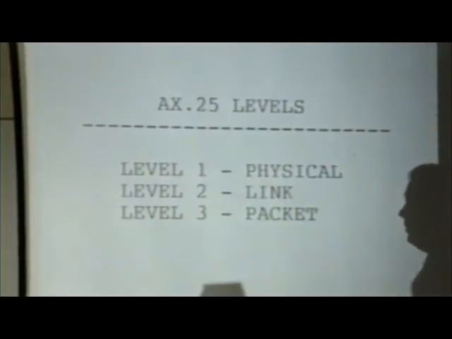The nodes communicate on a very high level called Level 3. They send what is really packet. It's a packet of information that contains many users' data, whoever happens to be coming through the node, going somewhere, plus housekeeping stuff, plus these routing tables and all kinds of stuff. Okay? So that's Level 3. You'll never talk Level 3 unless you're running some very sophisticated programs like TCP/IP, possibly MSys.